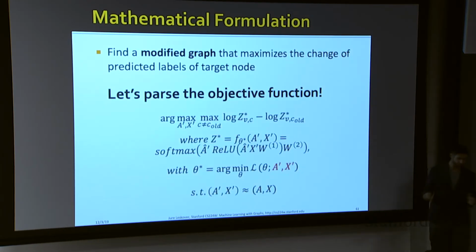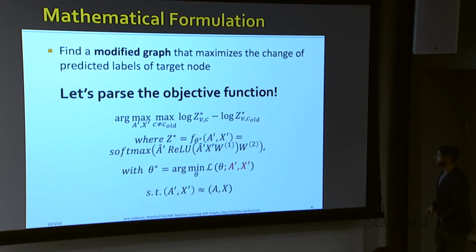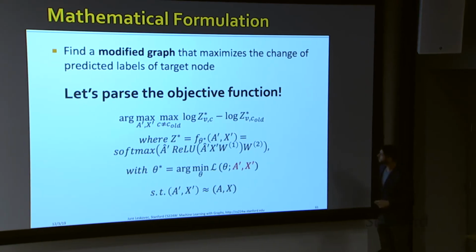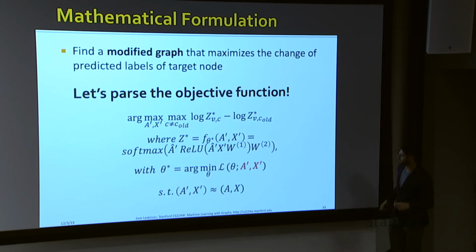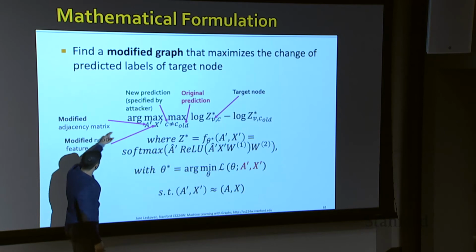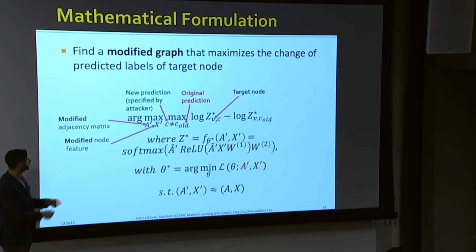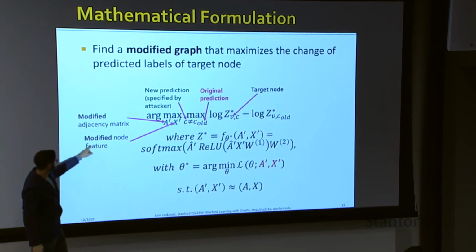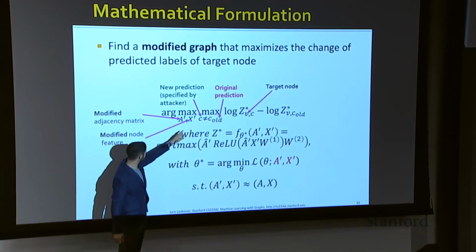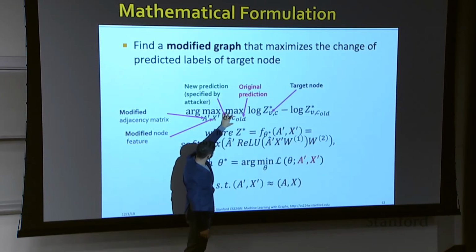Now, let's turn this into formulas, into a model, and let's see how we can make it work, okay? So at the end of the day, what we want to do is find a modified graph that maximizes the change of our predicted labels, and our objective function is the following. We're going to be producing, first of all, a modified adjacency matrix. We said we want to be changing some edges in our graph. We also want to modify some of the node features. So we want to maximize the outcome of our prediction.